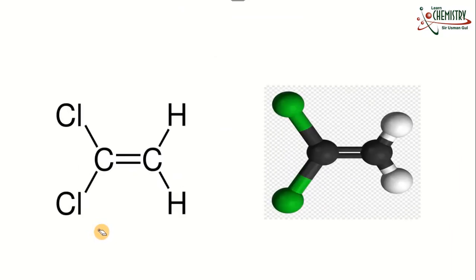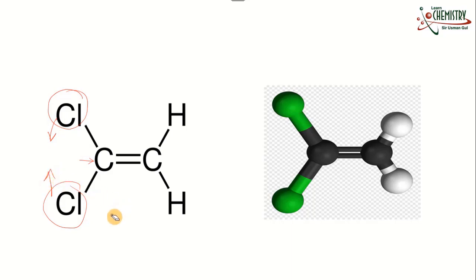Okay, moving forward. Now can you identify which type of isomer this is? But what kind of difference does it have? Now you can see both identical groups are attached to the same carbon. So do you think it will form another isomer if I try to exchange their positions?